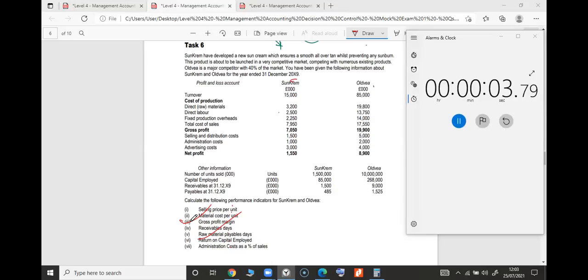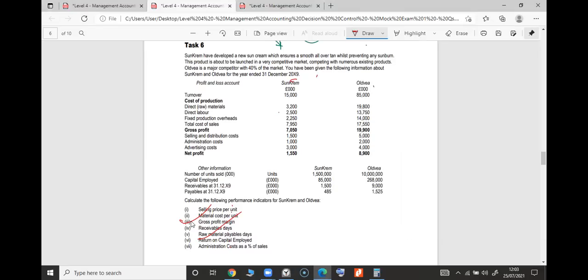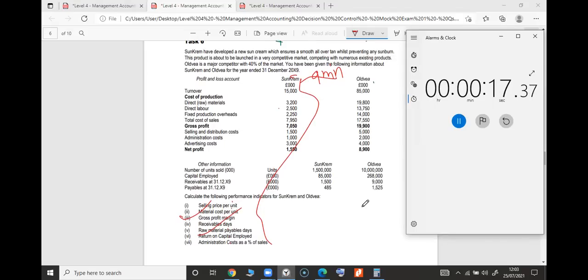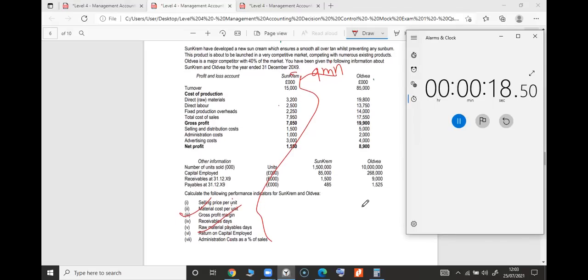I believe 1 minute is gone. 9 minutes total to do Sun Cream, all these answers. The timer got started on screen. Slightly up, better. 9 minutes. It's all you. Get going.